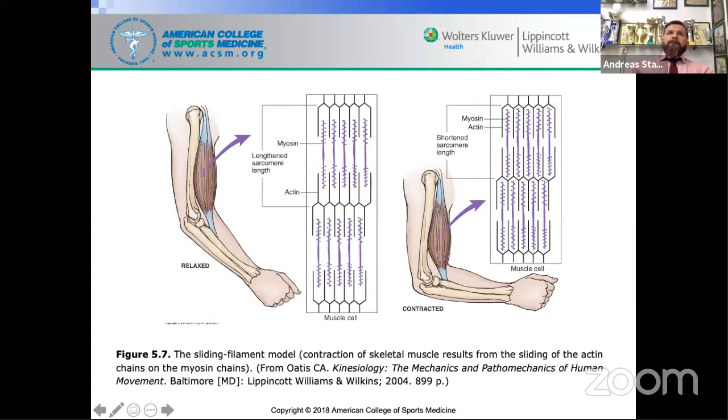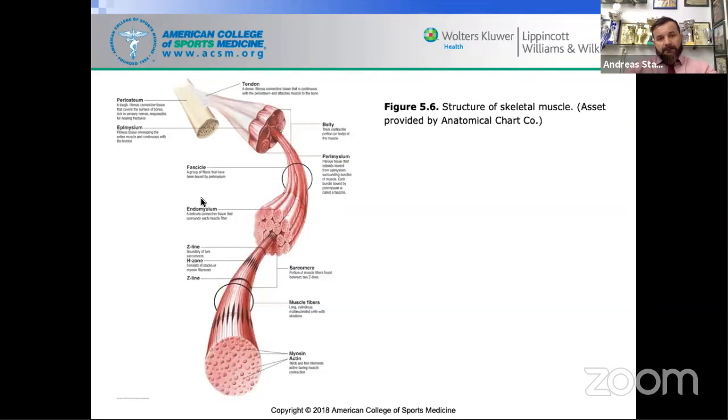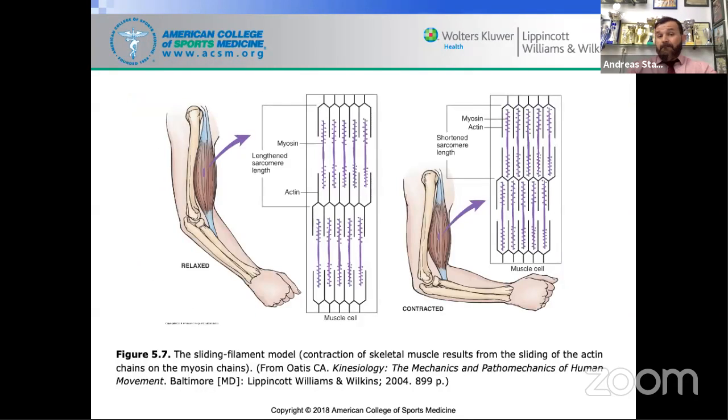So the more sarcomeres that get contracted, the smaller the muscle will end up looking. Sarcomere from here to here. The more sarcomeres get contracted, the smaller the length of the muscle. Make sense? Also, the thick is pulling the thin closer. That's why from this relaxed length, we go to this contracted length, shorter.